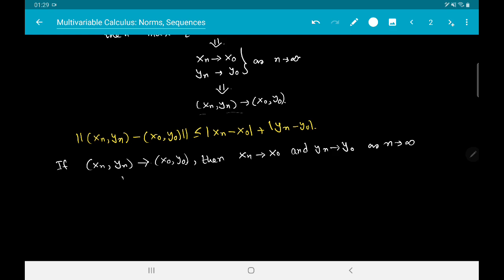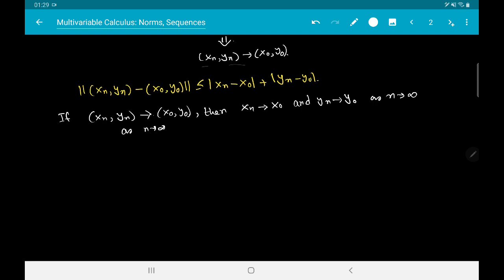So if (xn, yn) converges to (x0, y0) as n tends to infinity, then xn − x0 must go to 0 and yn − y0 must go to 0 as n tends to infinity. This is just by definition. Then the modulus of xn − x0 goes to 0 and the modulus of yn − y0 goes to 0 as n goes to infinity.